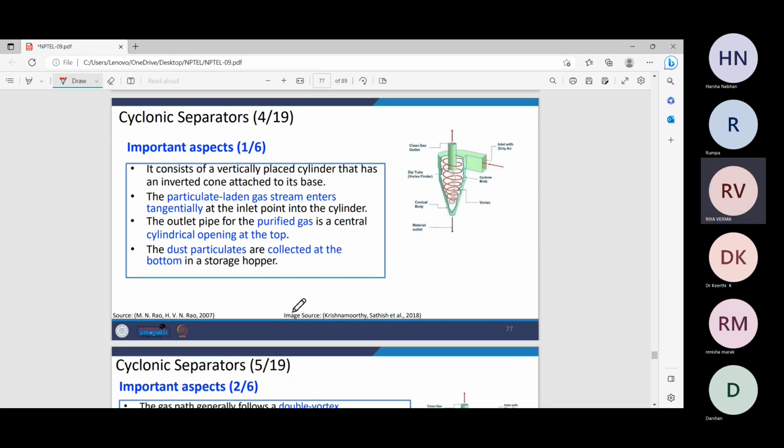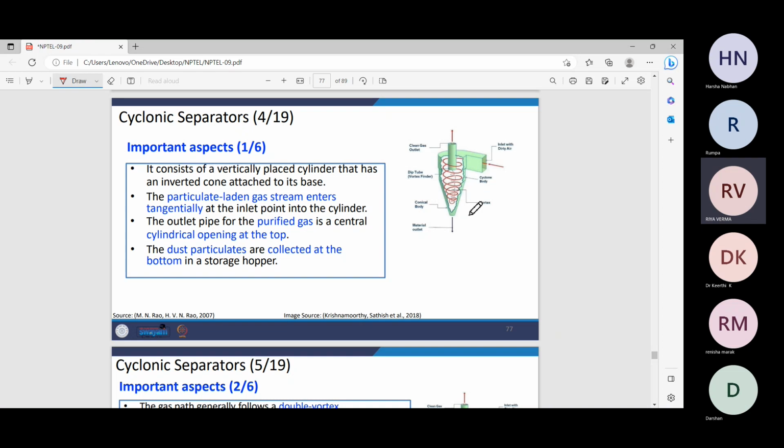This cyclonic separator consists of a vertically placed cylinder that has an inverted cone attached to its base. This is the inverted cone, and this cone also acts as your dust hopper. The particulate laden gas stream enters tangentially at the inlet point. This is a very important point: the gas doesn't enter straight onto the chamber.